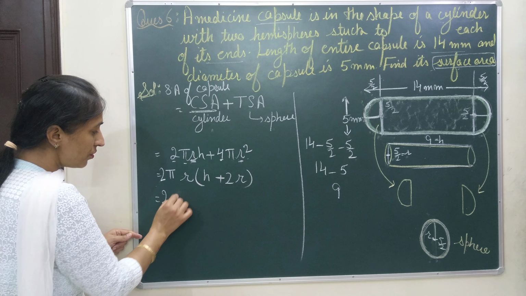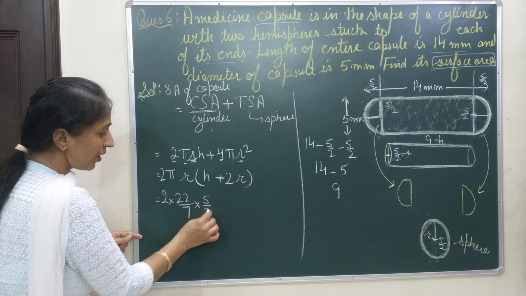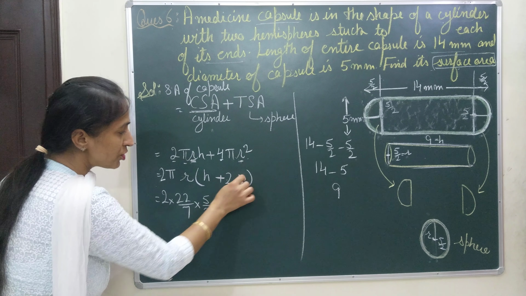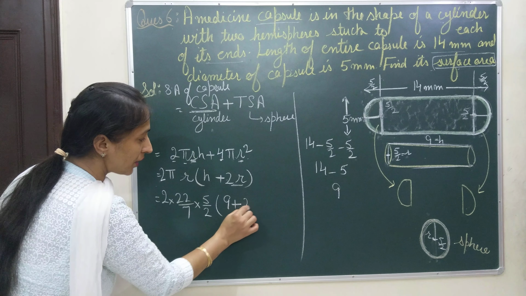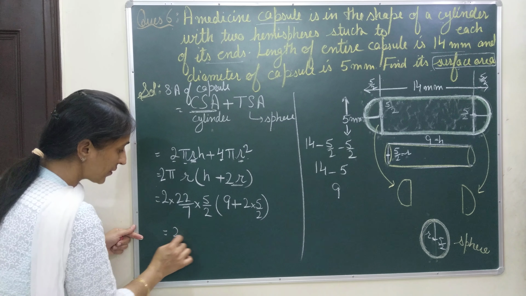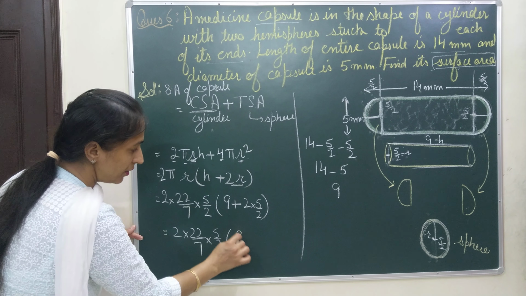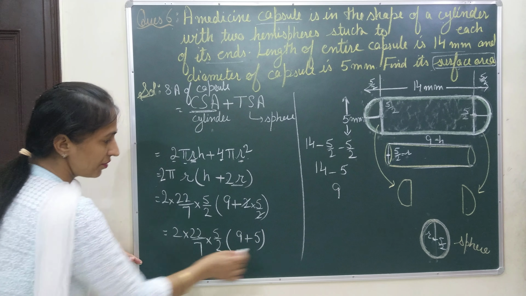Now it is 2, 22 by 7, r has value 5 by 2, and h is 9 plus 2r. What is 2r? 2r means diameter, 2 times 5 by 2, which is a complete 5. So it will be 2, 22 by 7, 5 by 2, 9 plus 5, where the 2s cancel.